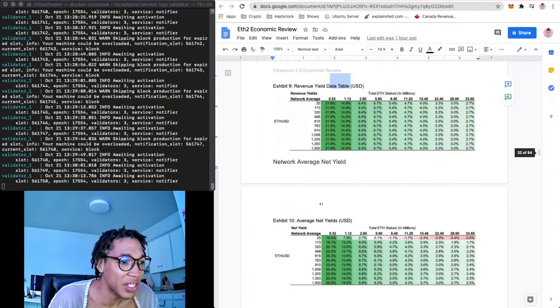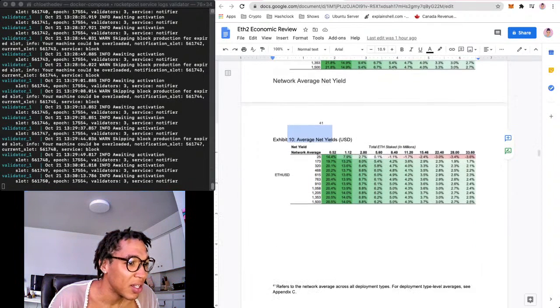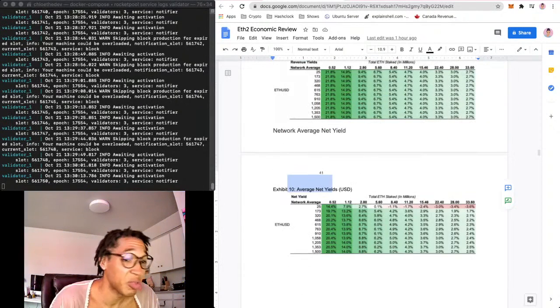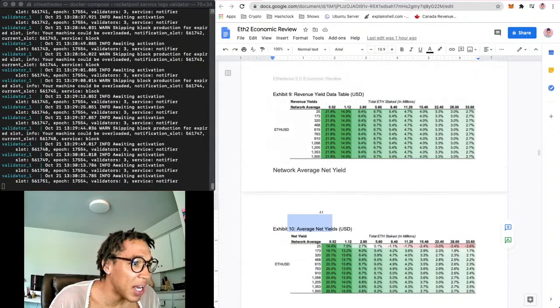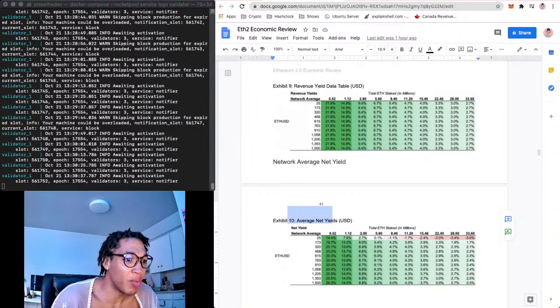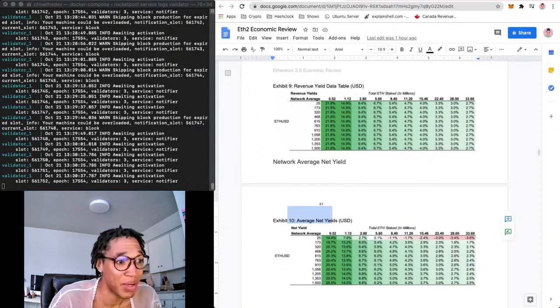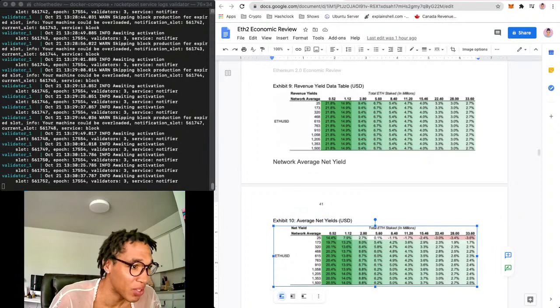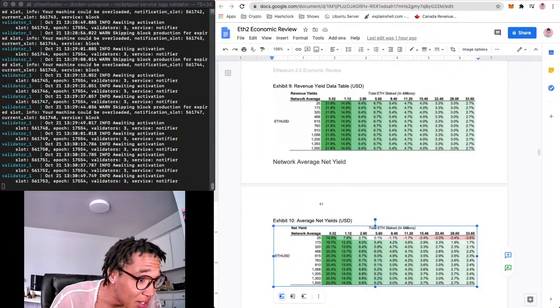But the main difference I see here is in Exhibit 10, and I'm sure they're going to explain it below: the revenue yield data table and the average net yields. This shows that at a $25 price of ETH, the more ETH that is staked, your net yield will come down, I'm assuming, off that base stake from 14.4% all the way down.